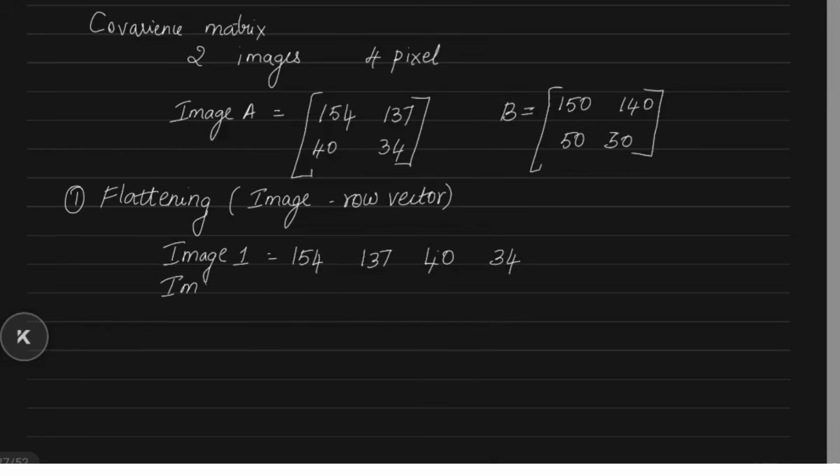Next, we take image 2. So image A we have written as a row, and likewise image B also as a row. Now we name this the flattened matrix, and the name we give it is X.